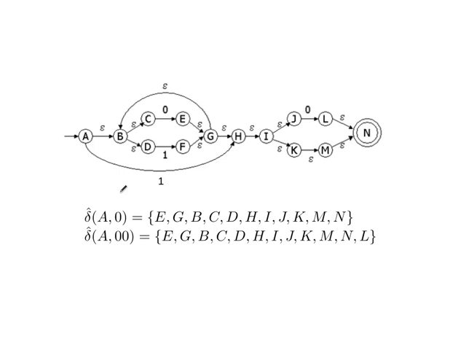So that means you can first take some epsilon transitions, and then you can take say a 0, and then again take some epsilon transition. So you can take say this path, this 0, then this epsilon transition, and then this epsilon transition, then this epsilon transition. So all this E, G, H, I will be in your delta hat of A0, right?